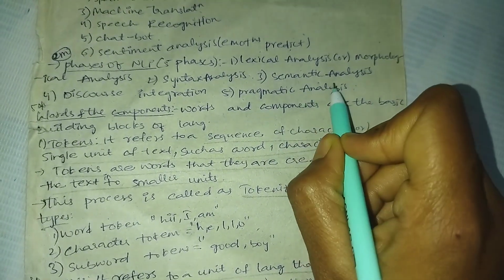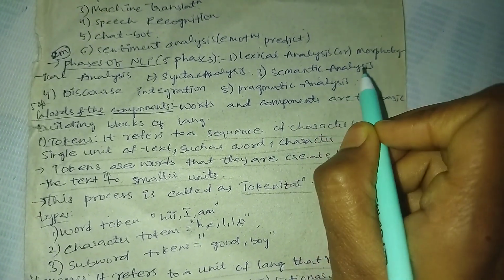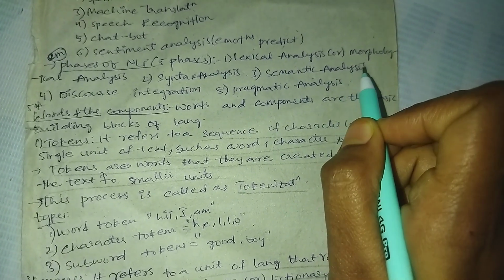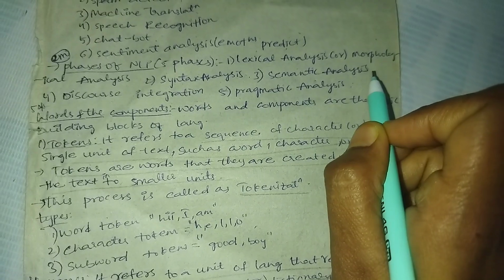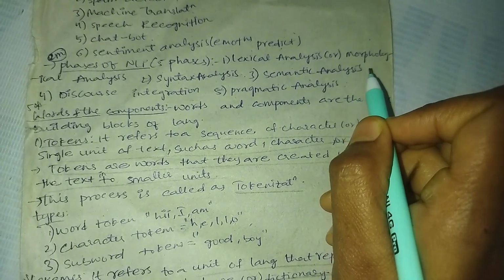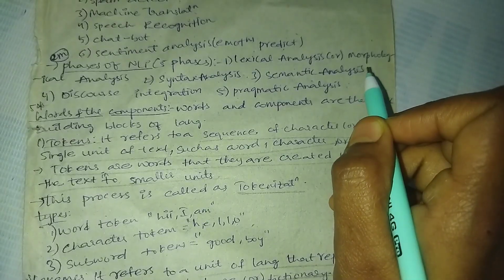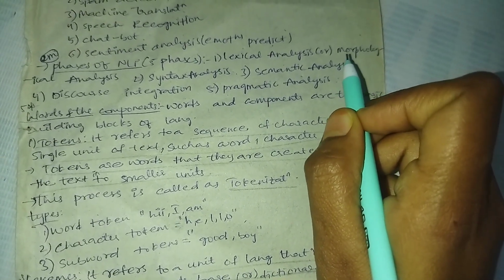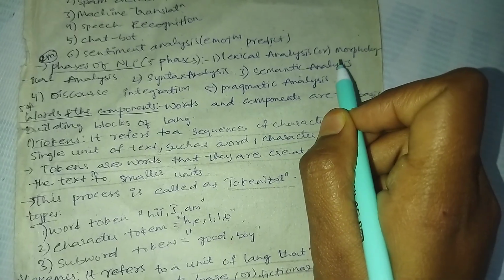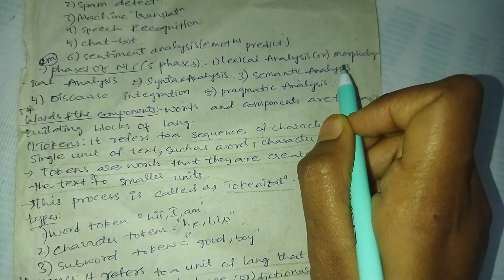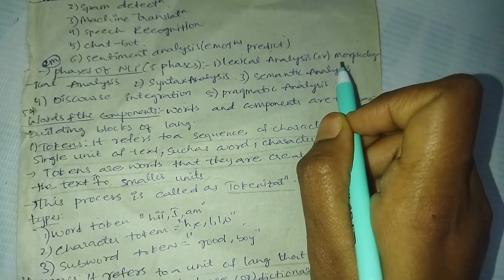An example of semantic analysis is "hot ice cream." Hot ice cream is a meaningless phrase because there is no possibility of hot ice cream. It should be meaningful. The step is to check whether the word is meaningful or not, and it focuses on the meaning of a word.